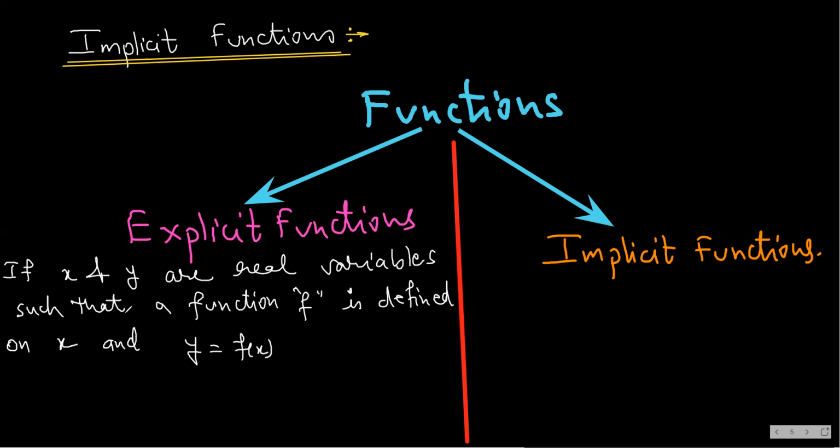X and y are two real variables, such that you can define a function on x. That is, x is the independent variable and y is the dependent variable. You can define the function on x and write y equals f of x.